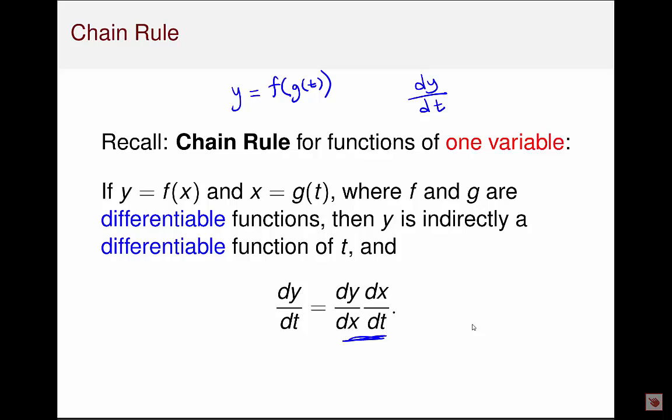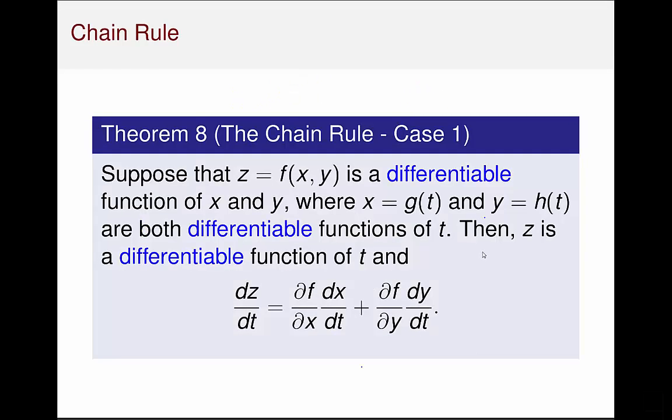Let us start off with the simplest version of this. Alright, here's one version of the chain rule for a two-variable function. So suppose z equals f of x, y, which is a differentiable function of x and y, where x and y are both differentiable functions of t given by g and h respectively.